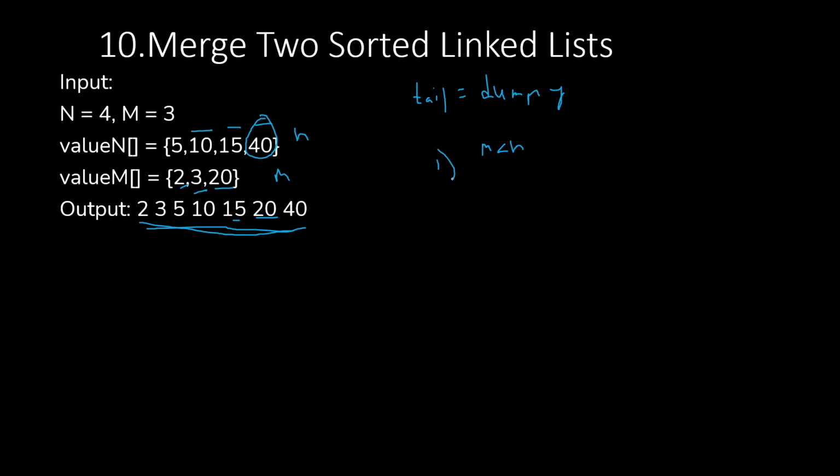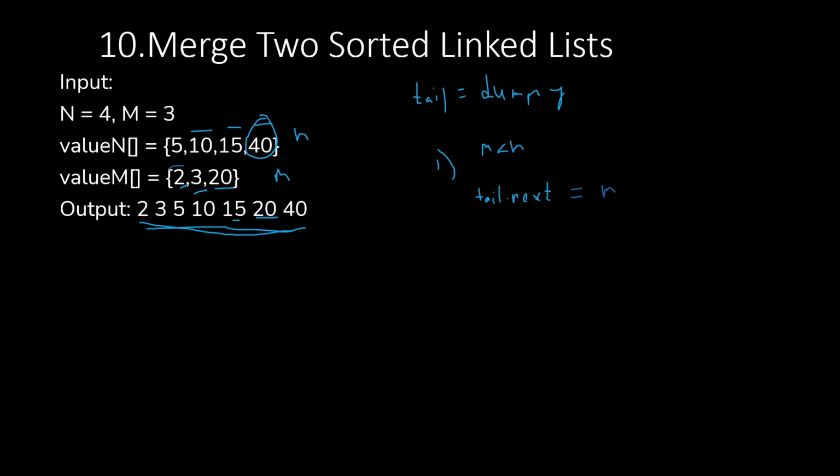If m is smaller than n, we take the m value and say tail dot next will be equal to the header address, which in this case is m. After that we link the first value of m.